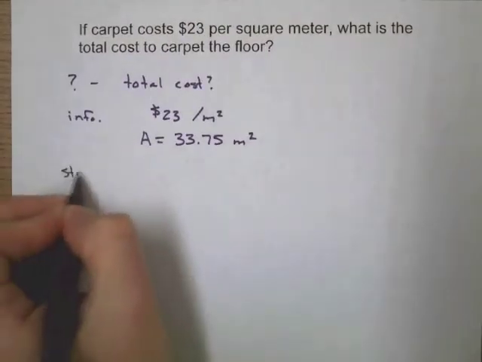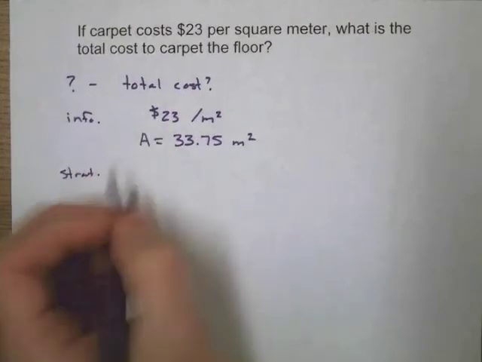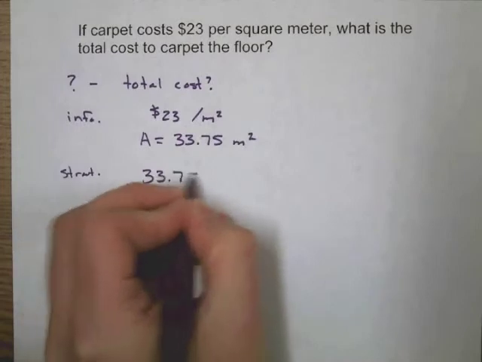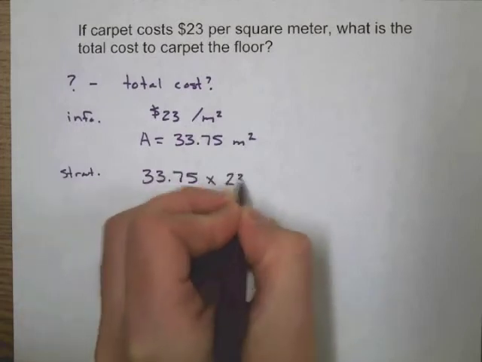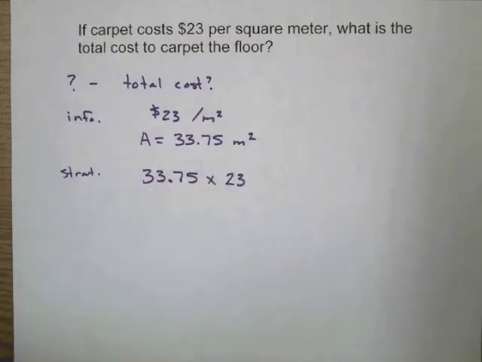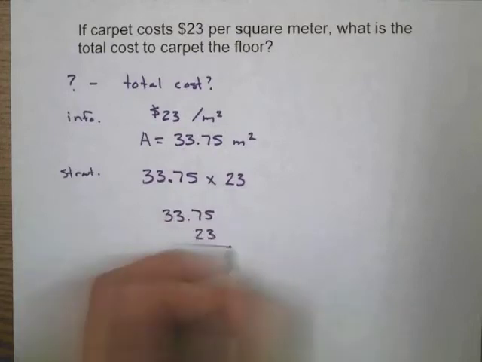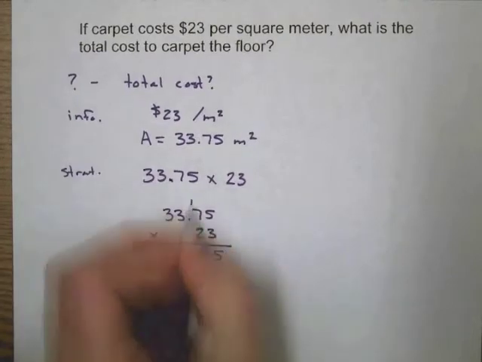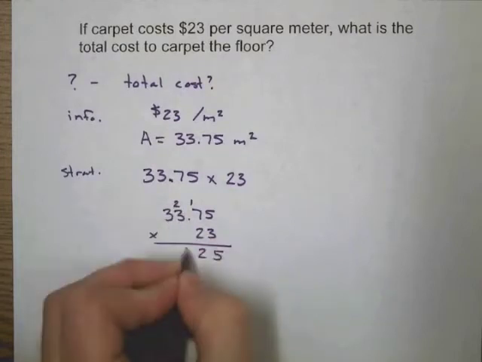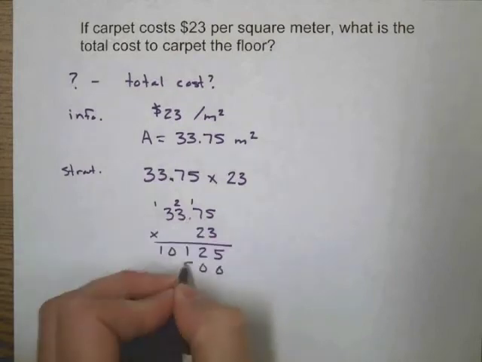So in order to solve this particular problem, I need to think what the total cost is. Well, I just need to know the area multiplied by that cost per square meter. So 33 and 7/500 times $23. And I can set this up, 33 and 7/500 multiplied by 23. 15, 22, 11, 10, 10, 15, 7, and 6.